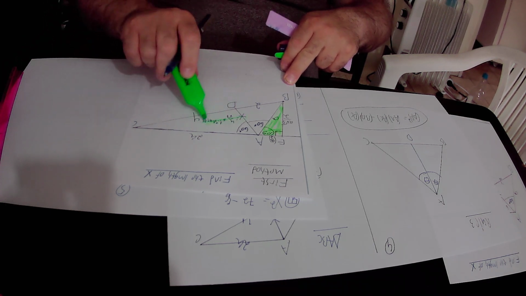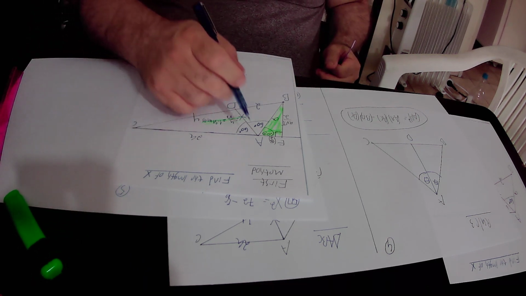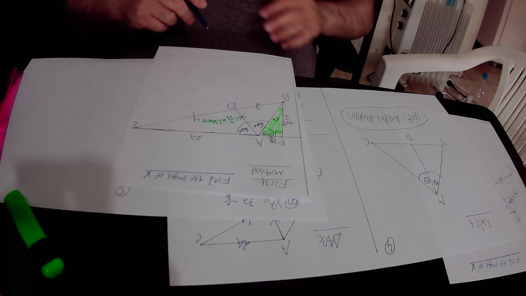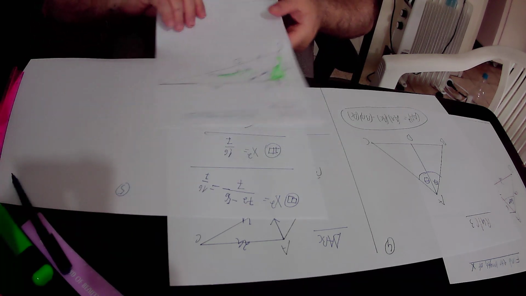In the next step, I will present to you how to find the length of line segment AD that is equal to x according to the second method.